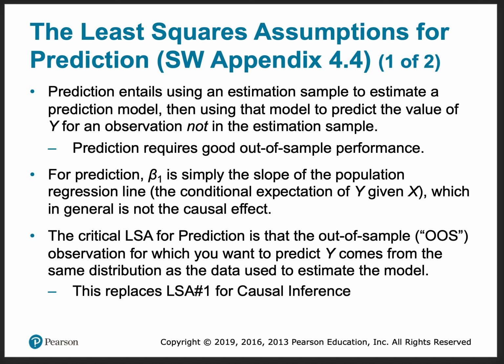Then you're going to get good out-of-sample performance. If you have different distributional characteristics between the two samples, then you would have different slopes, different relationships between the two variables, and you would get poor out-of-sample performance.